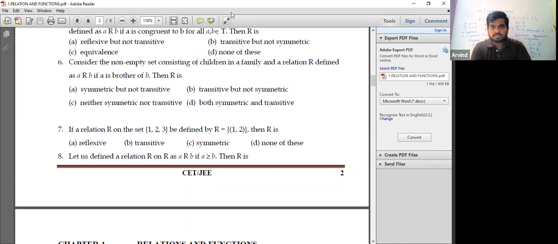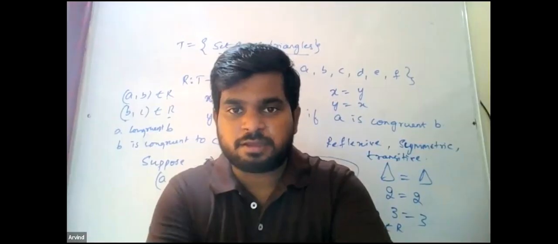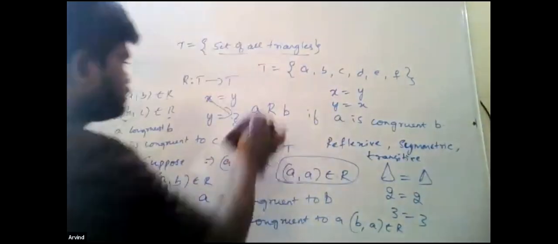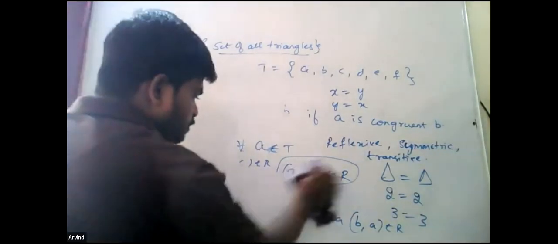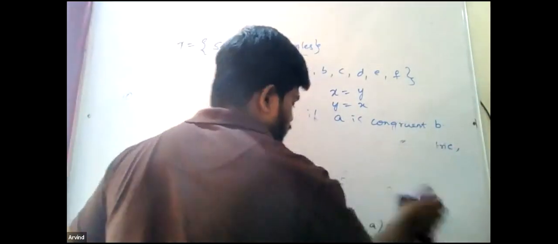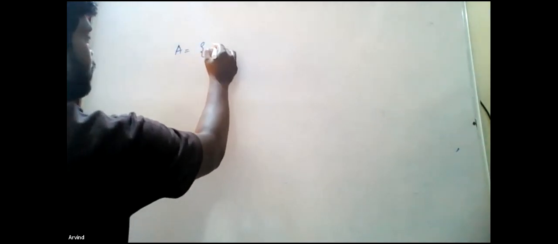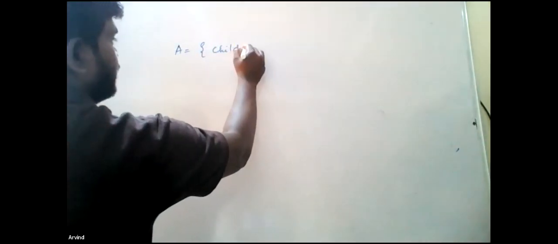So there is a set consisting of children in a family. Okay, let me erase this. Let's say set A itself. There is a set A, children in a family. What is this set containing?